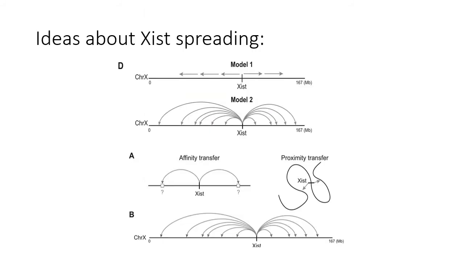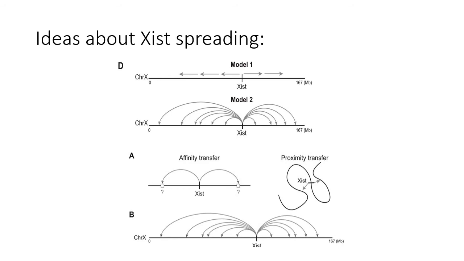Okay, so remember about our models. In model 1, we start off at the Xist locus itself, and then diffuse along the length. In that model, we will get binding at very close sequences first, which will subsequently spread to more distal locations on the X. Okay, in model 2, we have a different idea, in that it somehow is able to hopscotch from the Xist locus itself to distal sites in a very short amount of time.